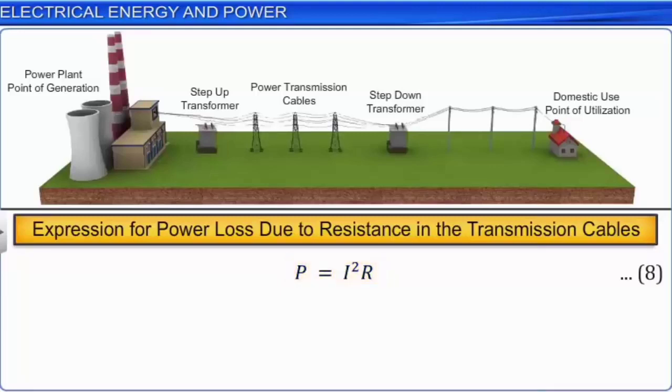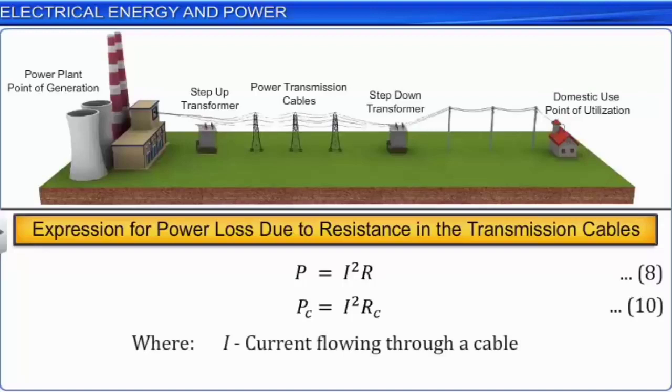Power loss in the cable PC is due to its resistance RC, which is expressed as PC is equal to I square RC. Let this be equation 10, where I is the current flowing through a cable.